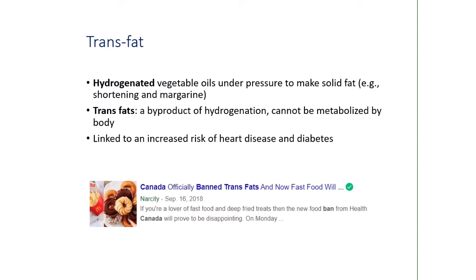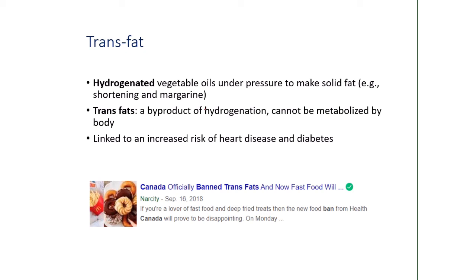So there are also trans fats, and trans fats are actually byproducts of a process called hydrogenation. Right? So in hydrogenation, you are trying to add hydrogen to the unsaturated fat to convert it into a saturated fat, and that is how you make things like shortening and margarine.